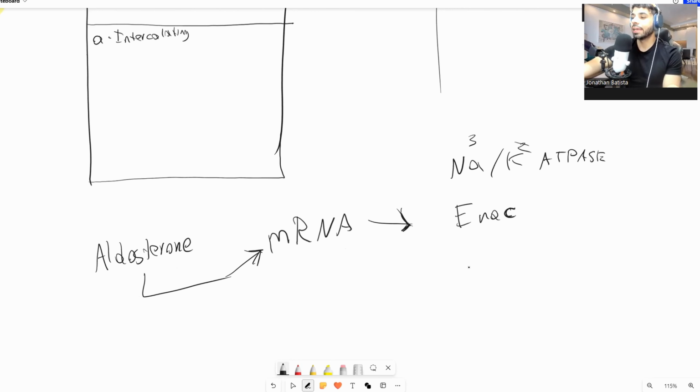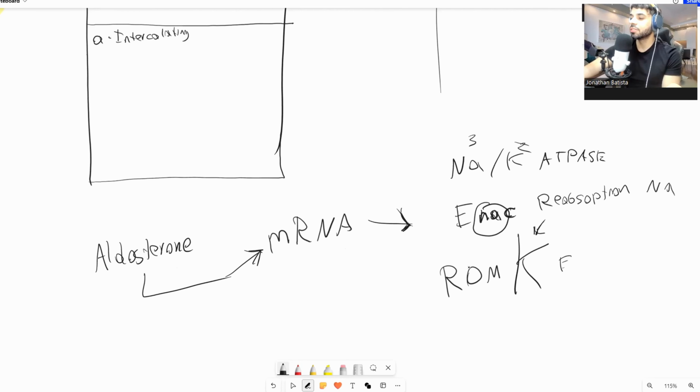Now, ENaC has an A on it, so I already know automatically that it has to do with sodium. So this one has to do with reabsorption, absorption of sodium. And then we have a channel called ROMK. Now, K is potassium. This one has to do with the efflux, let's say, of potassium.